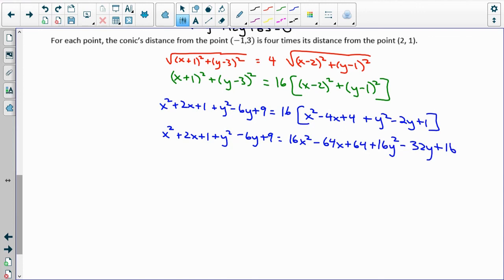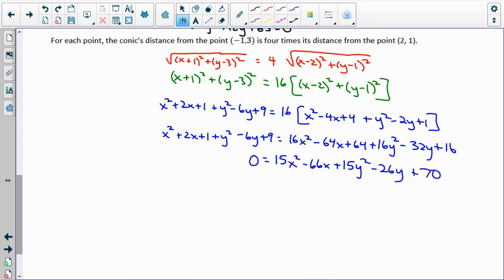Now let's combine everything. The right side is probably a better place for everything because then the x squared and the y squared will both be positive. So I have 15x squared minus 66x plus 15y squared. Add 6y, so minus 26y. And then 64 plus 16 is 80. Subtracting 10 gives me 70.